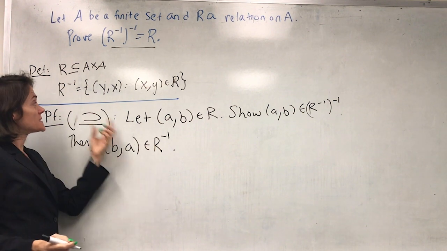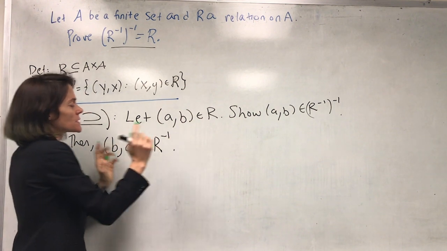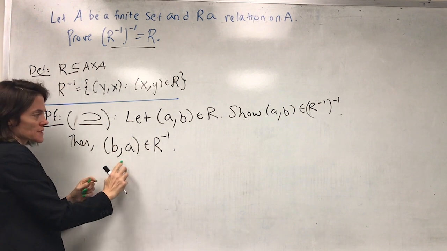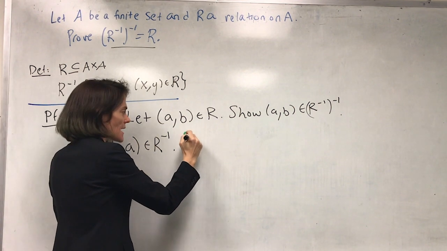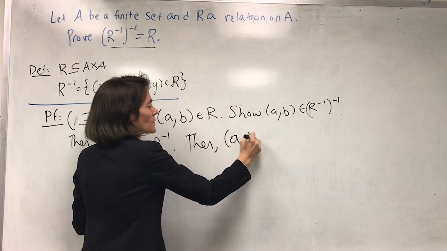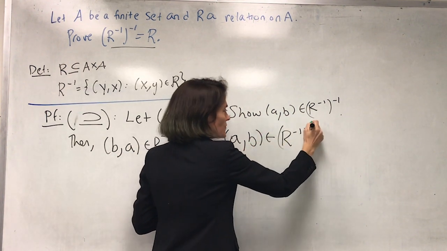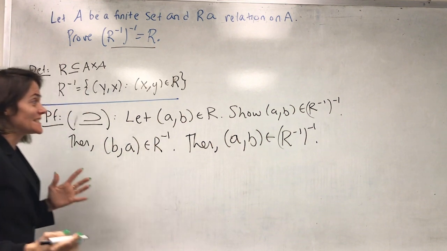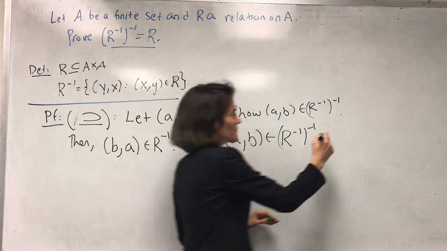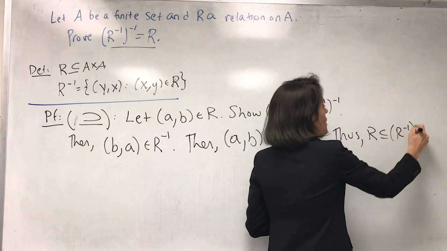Well, this is the definition of R inverse, as I mentioned. If we apply R inverse here, we interchange the first and second coordinates. So again, we interchange them. This would be in R inverse, and this is what we want to prove in this direction. Thus, we have shown R is a subset of R inverse.